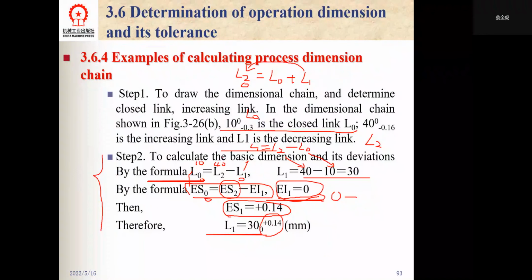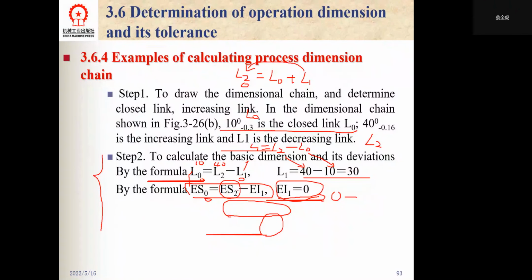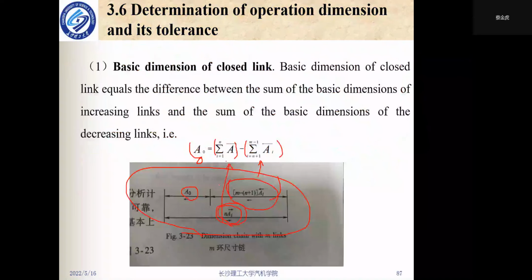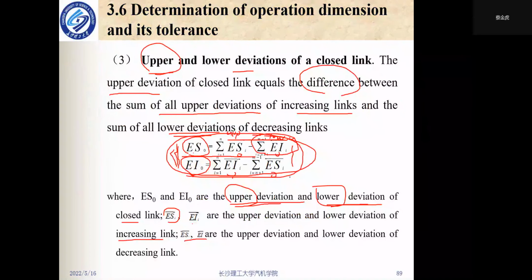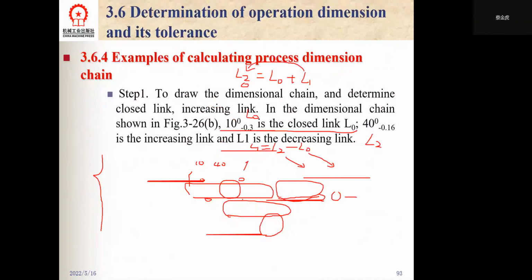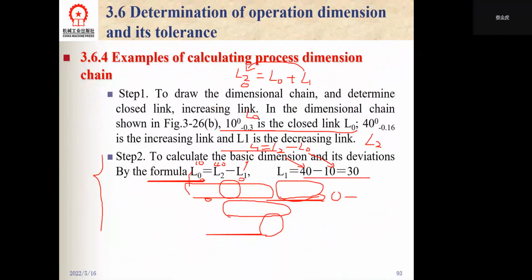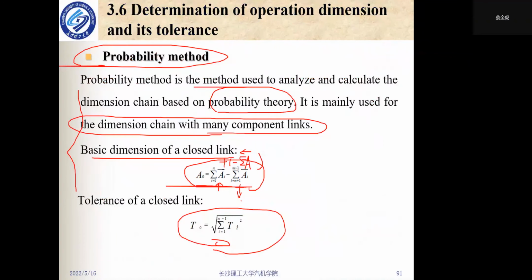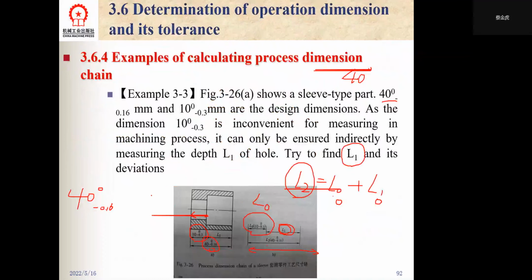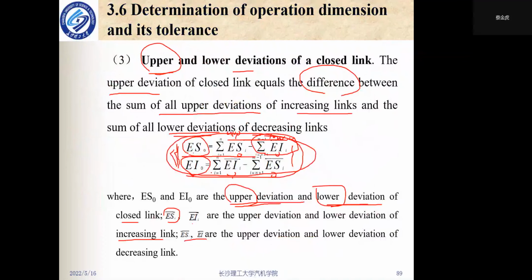This example is a little difficult, and everyone should pay attention to this equation. If you have learned this knowledge carefully, you can use this equation directly to figure out this question. Maybe it's not difficult, because all the answers are calculated by using these equations directly.